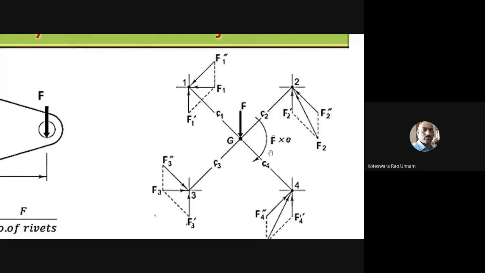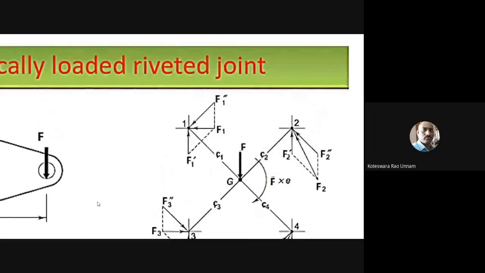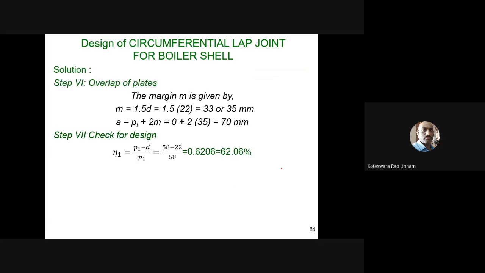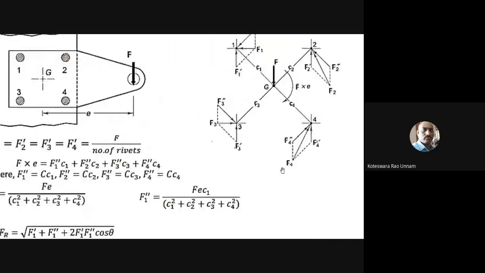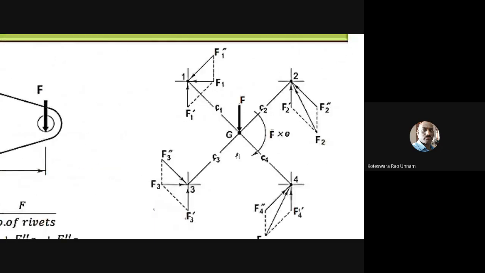Okay, now you can see here, for each rivet, I represent the primary force and the secondary force. Anyway, the pen is not coming, so pen provision is not there.